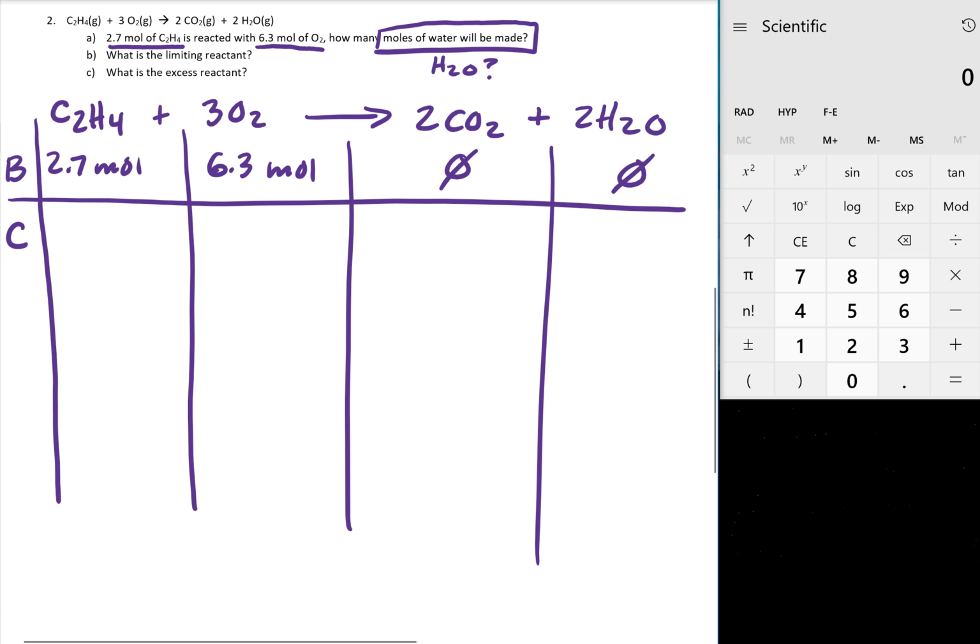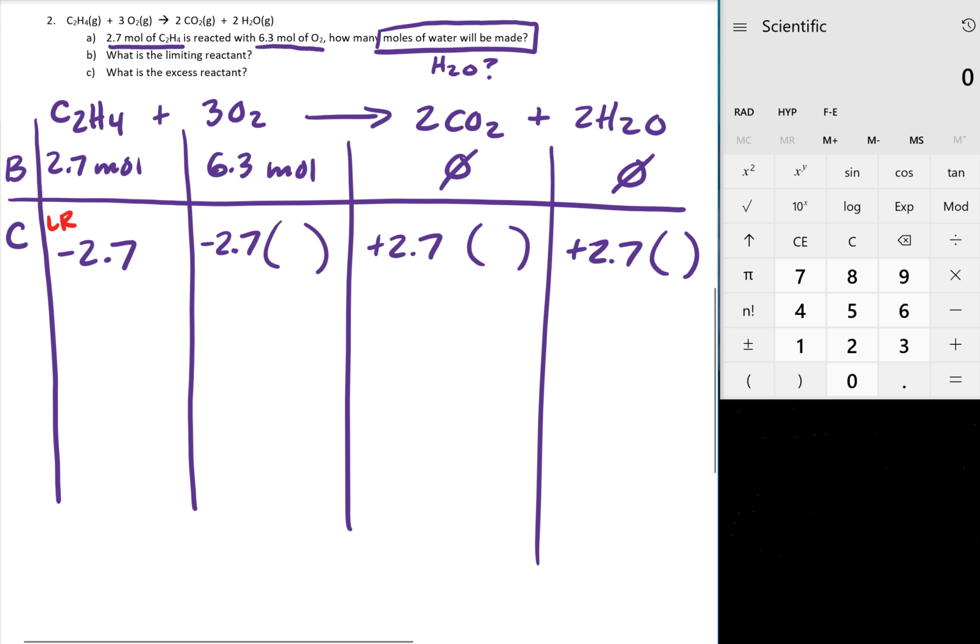Our change row, I don't know what the limiting reactant is, but we're going to test the first one. Let's say our first reactant is limiting. That means I need to subtract all of its value, 2.7. And that 2.7 gets copied over to all the other boxes, and they get fractions.